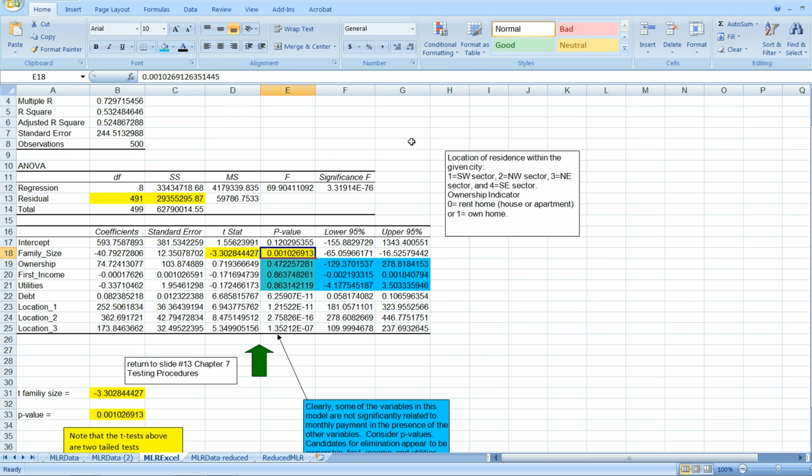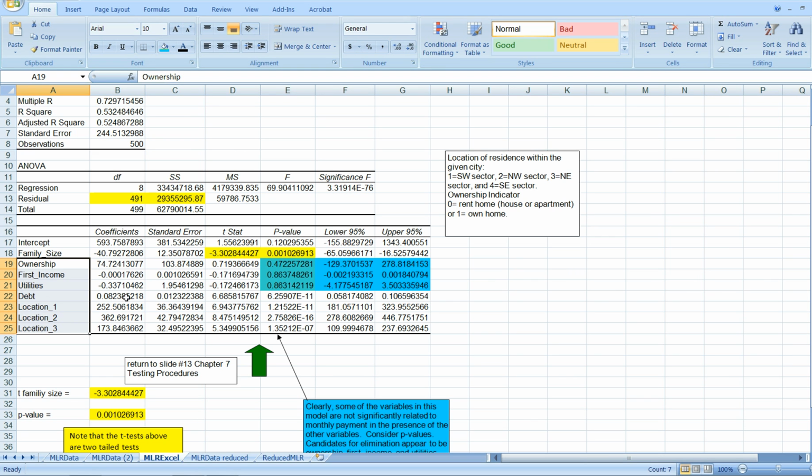And so we reject the null hypothesis in favor of the alternative being that the regression coefficient associated with family size is not equal to 0, which means then that family size, in the presence of these other 7 variables, significantly improves the explanatory power of the model. And so we would want to keep that particular variable in our model that we're using to study the relationship between monthly payments and other explanatory variables that you see listed here.